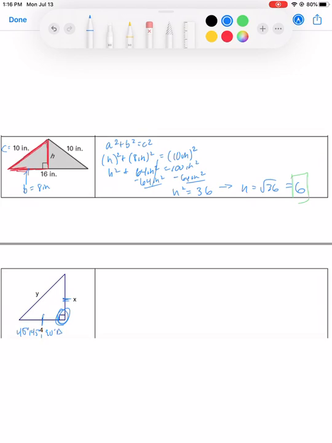And in a 45, 45, 90 triangle, we have a shortcut to identify the lengths of all of the sides of a triangle. Put that up here as a note.